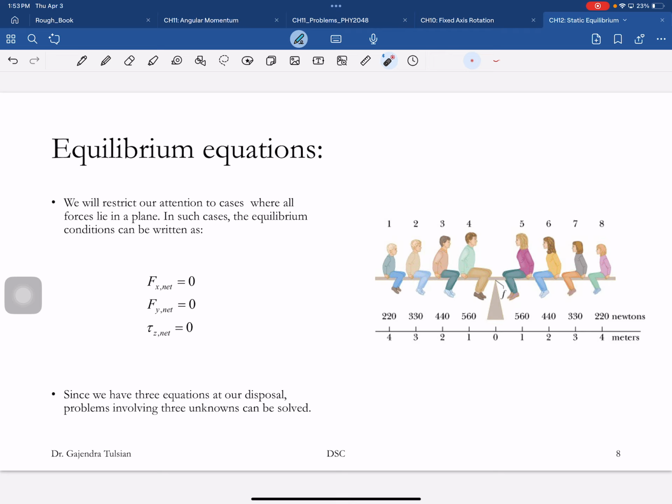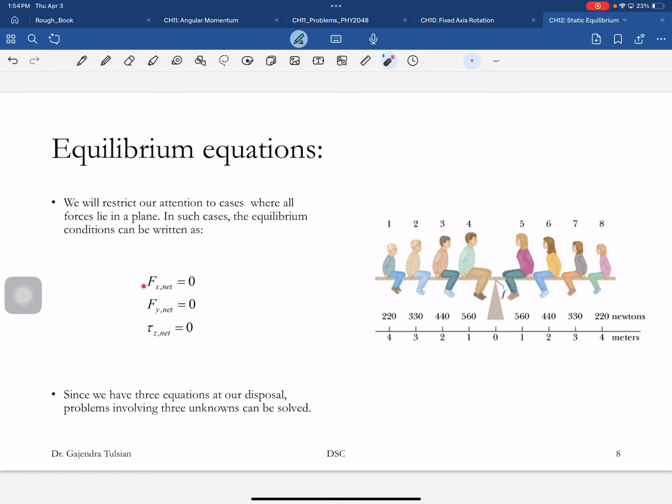Now when you do a static equilibrium course, the forces will be in 3 dimensions. But for starters, we'll restrict the forces to 2 dimensions. So you'll have x and y components of the forces, and the torques will be in the third dimension, along the z-axis.